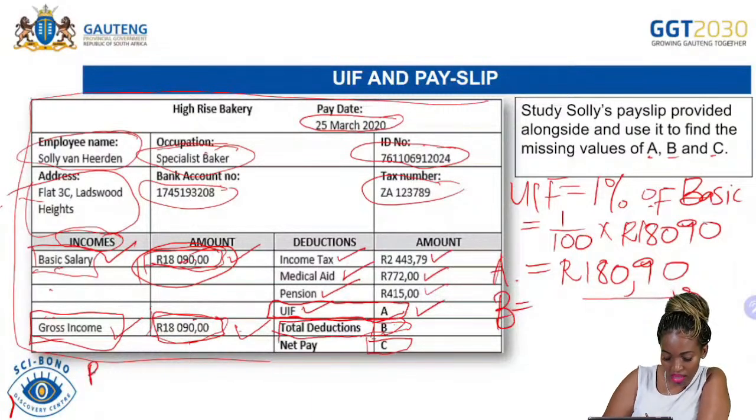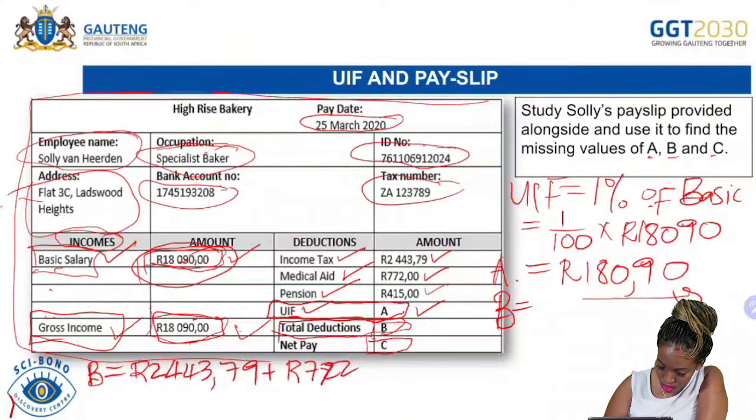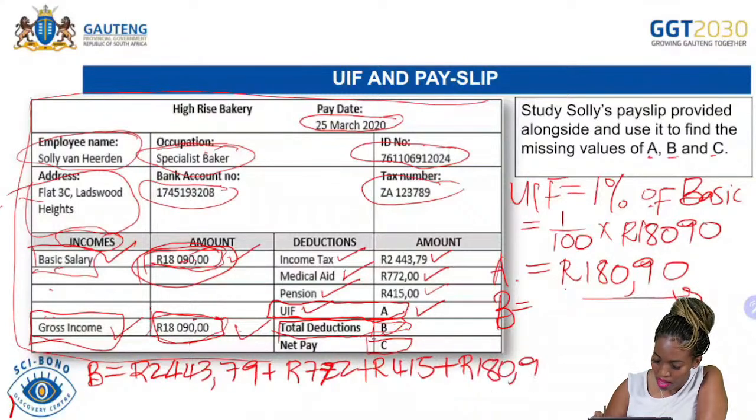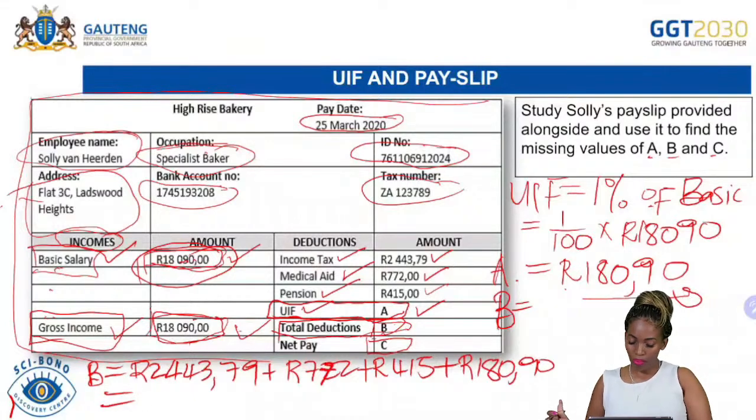So let me write it down here to say B equals 2,443.79 plus 772 plus 415 plus, remember A, 180. Guys, this is where now I want you to take out your calculators and assist me there on your side.